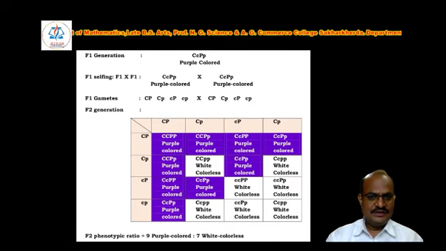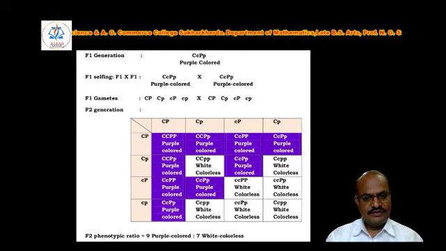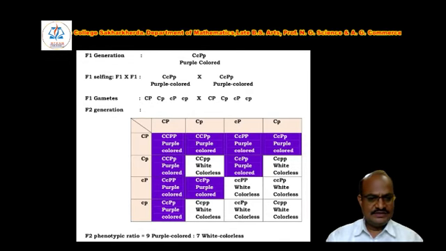Here the F1 generation gametes will be formed, and the F1 male gamete and female gamete will be placed in the Punnett checkerboard. Here the possible combinations of flowers are given. In that F2 generation, 9 purple color flowers and 7 white colorless flowers are produced.